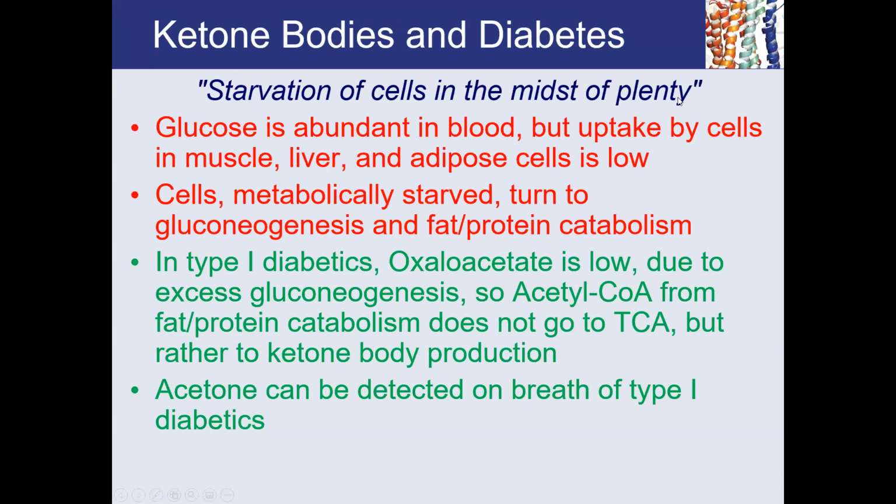Let's say you have lots of food around you, but you can't use it. Your mouth is blocked. You don't have teeth, whatever form. So you are starving, and that's how cells feel. Okay. So if there is a condition of diabetes, type 1 or type 2 diabetes, where your sugars cannot be utilized, right?